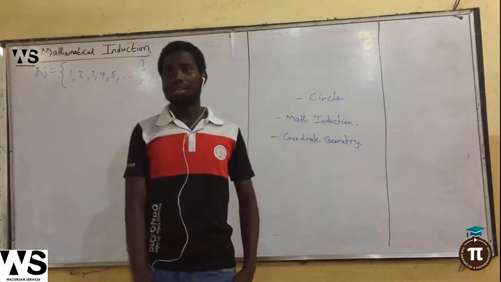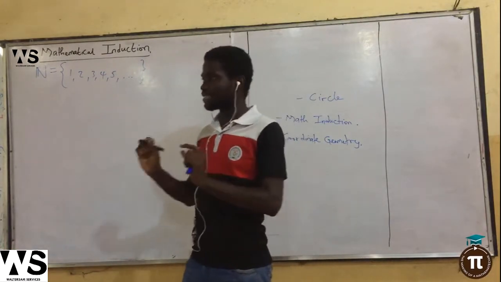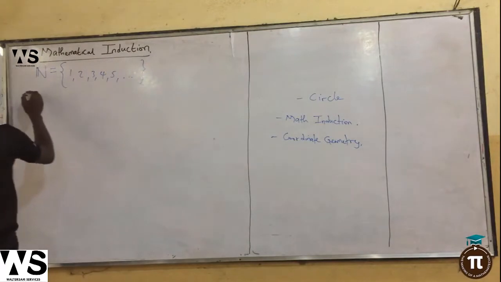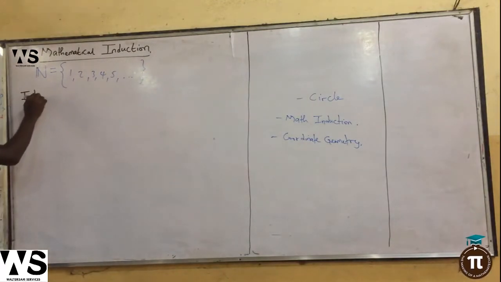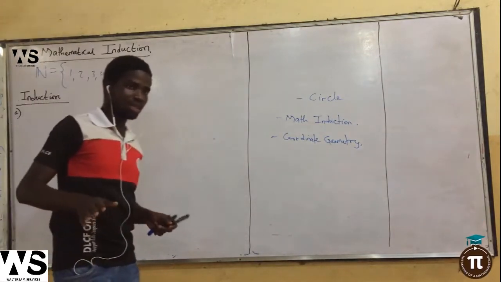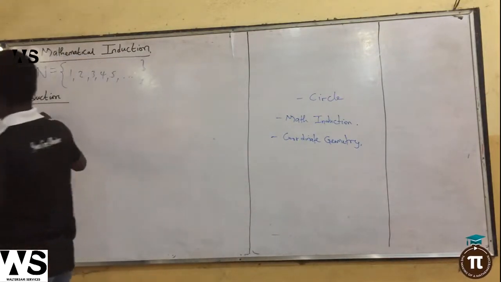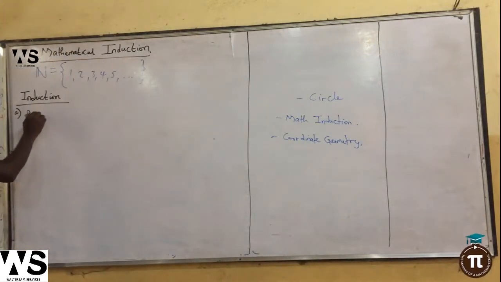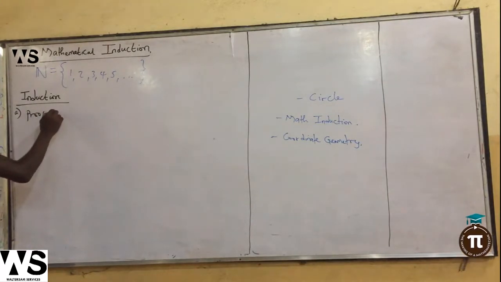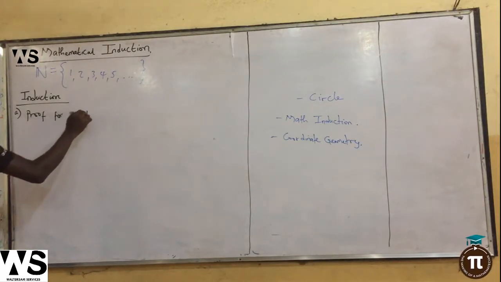Now, the first thing on induction as well, I'm giving you a summary. The first thing you need to take note of is that you have to prove for n equal 1. I will put 2 there because you are just learning it.